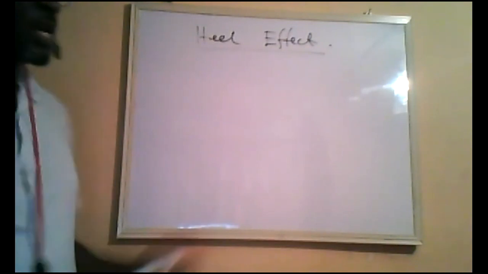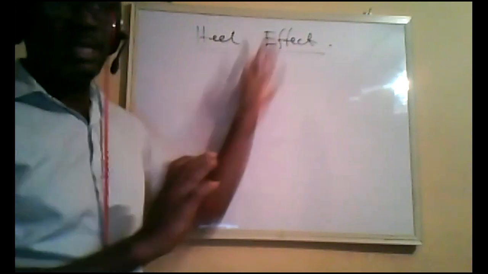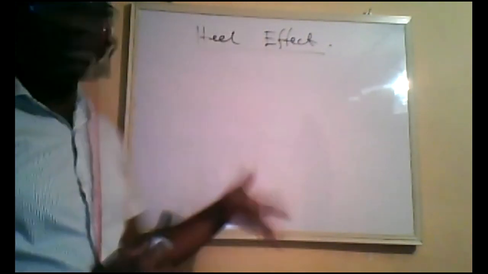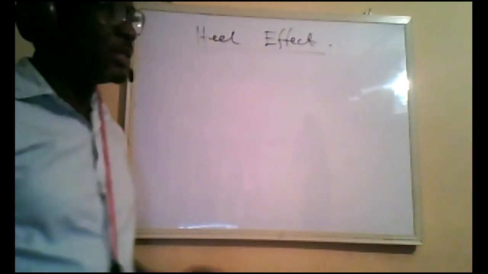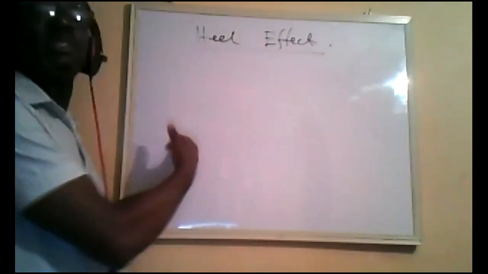On the cathode side of the machine, photons emanating from there have more energy. They are more energetic than the ones at the other side, the anode side of the machine.